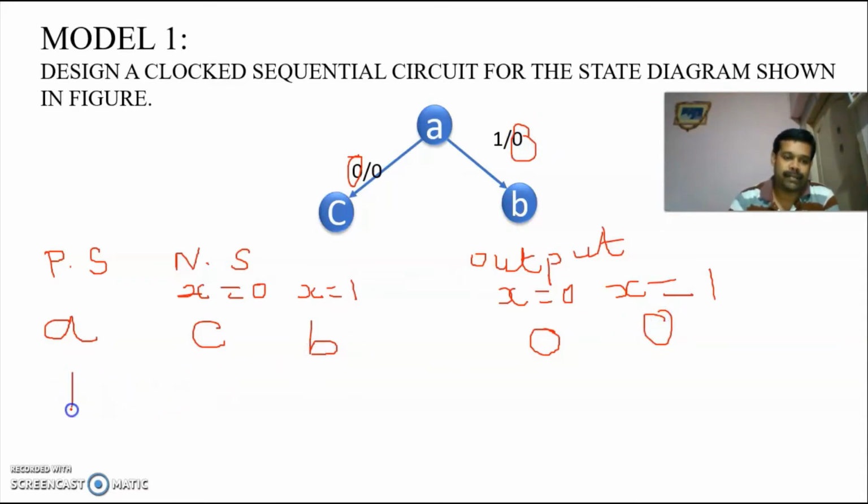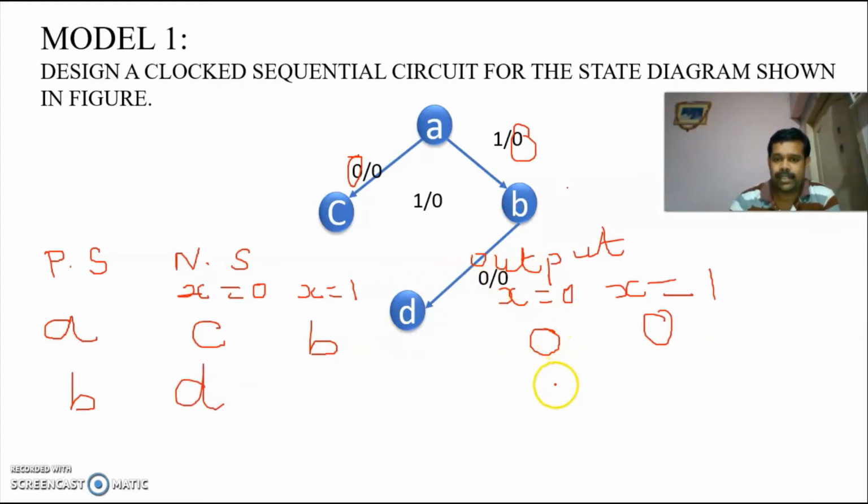Similarly, I have to take B. In state B, when I am providing input 0, it is going to D and the output is 0.